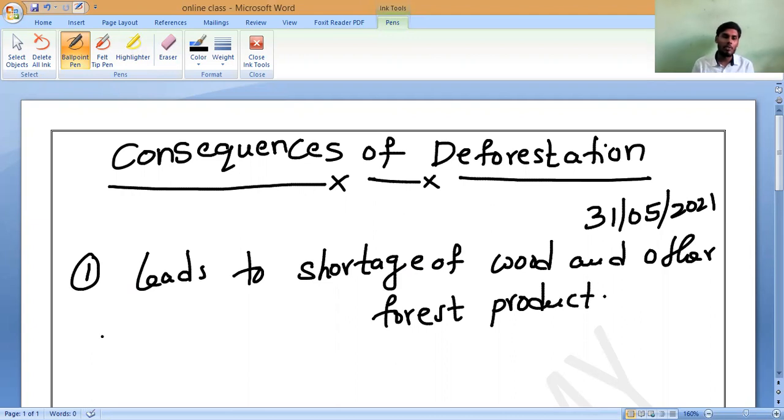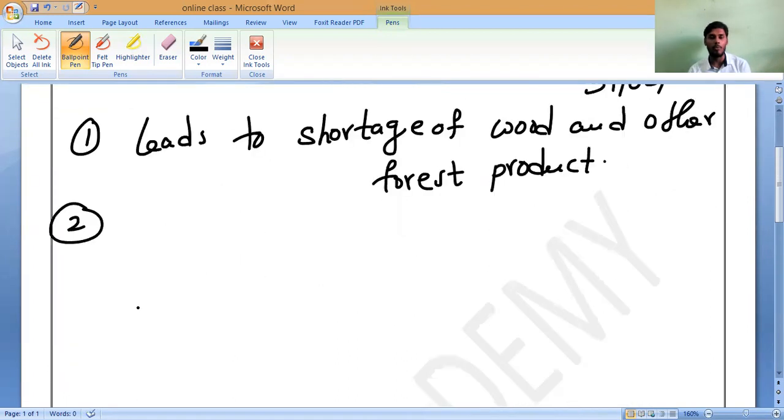Next, the second one which we have studied, Johan: it will lead to the biggest problem in the world, which most of the countries on Earth are facing now.